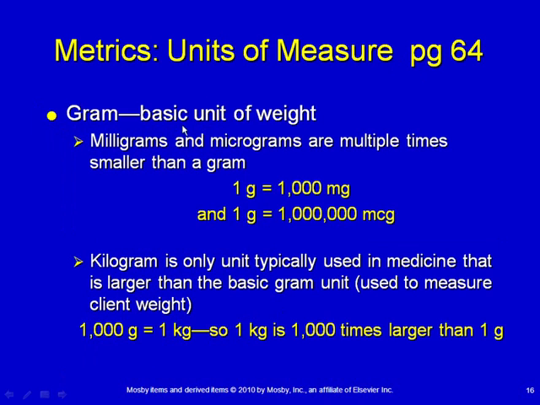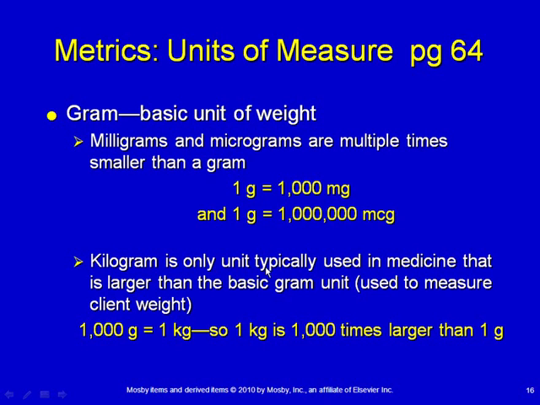We have the gram as our basic unit of weight, as you see on page 64. It equals 1,000 milligrams, or a milligram is a 1,000th of a gram, and 1 gram is 1,000,000 micrograms, or 1 microgram is a 1,000,000th of a gram, a very minute amount.